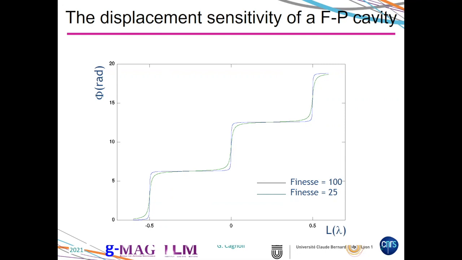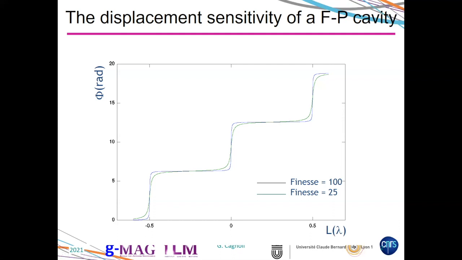If there is no Fabry-Perot cavity in the arm, the relation between the phase reflected back and the length of the cavity, which in this case is practically the distance of the mirror at the far end of the arm, is just a linear function.